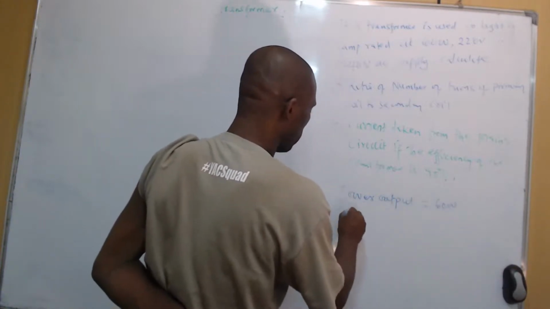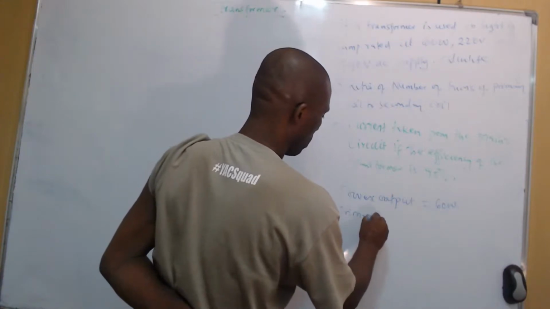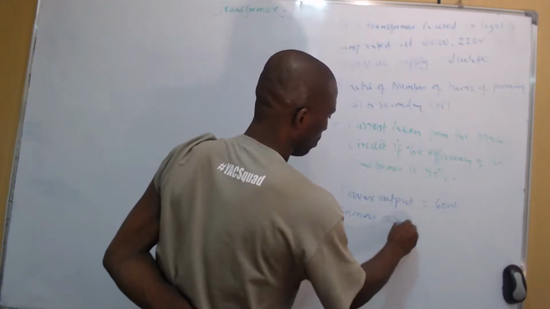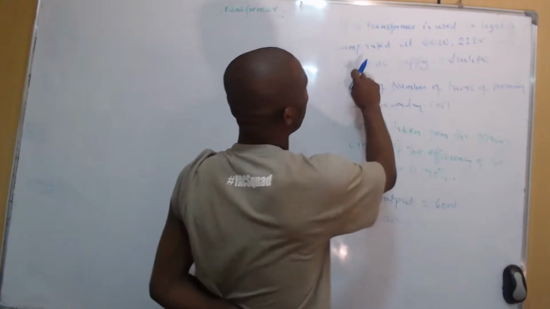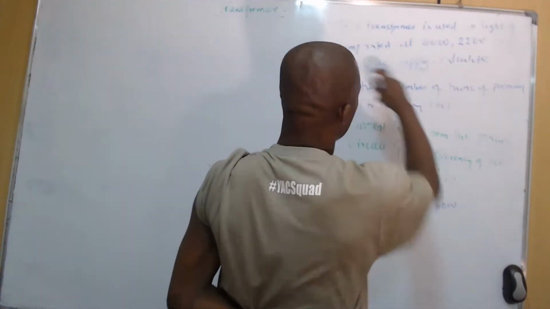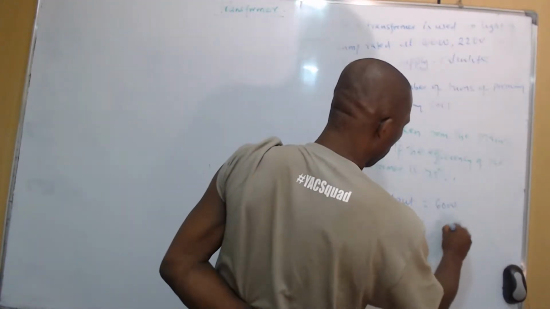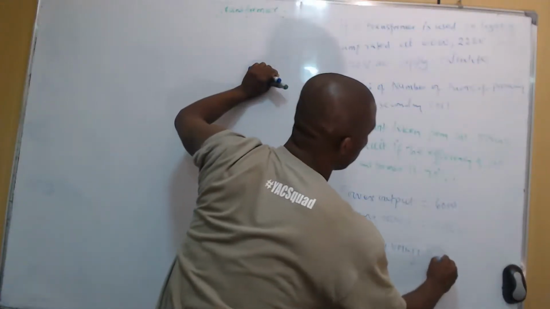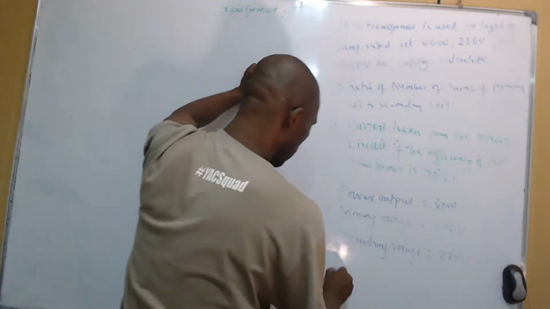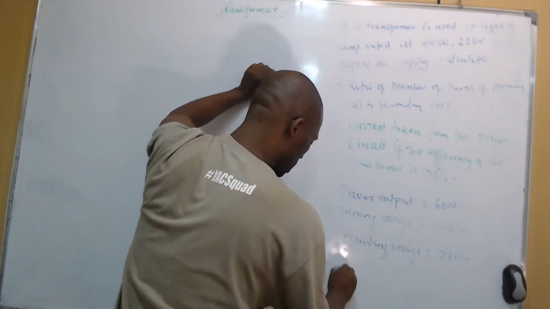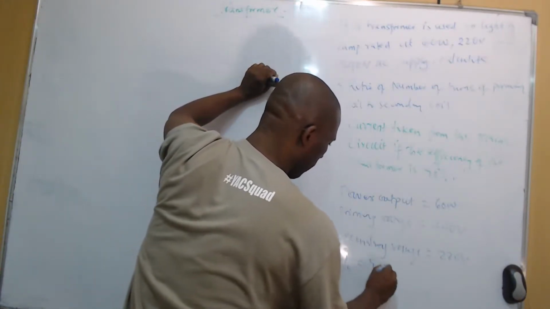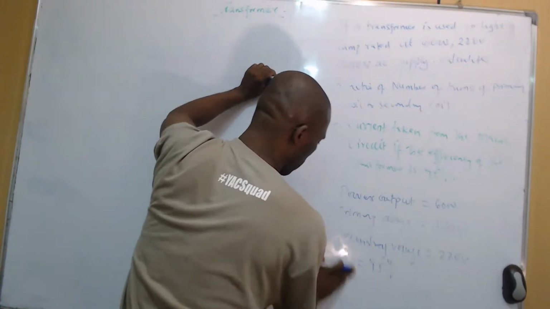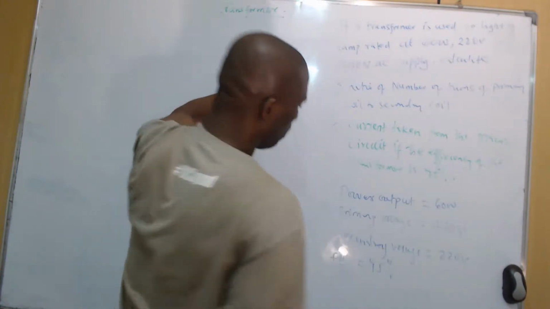Primary voltage, from this AC supply, was 440 volts. The secondary voltage was 220 volts. Then efficiency was 95%.